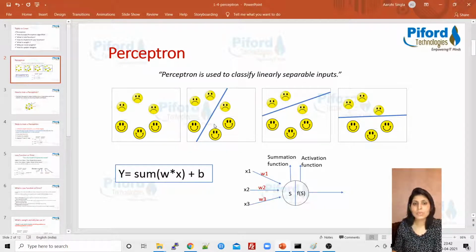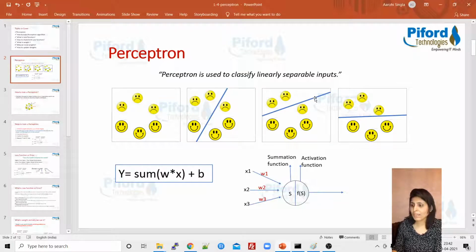Error 2 simply means 2 data points are wrongly classified. Now we have shifted this line a little bit. In this image, only one sad smiley got misclassified and the rest of the data points are correctly classified. So the error over here is 1, because one sad smiley is wrongly classified.